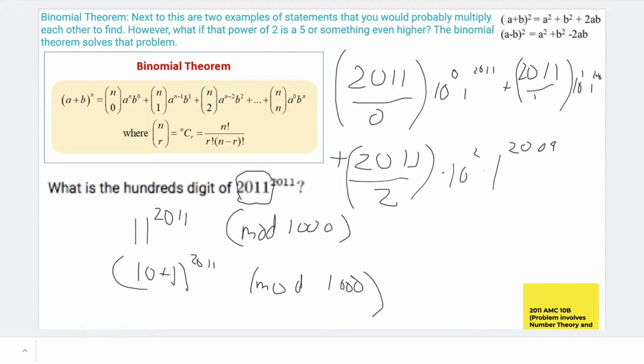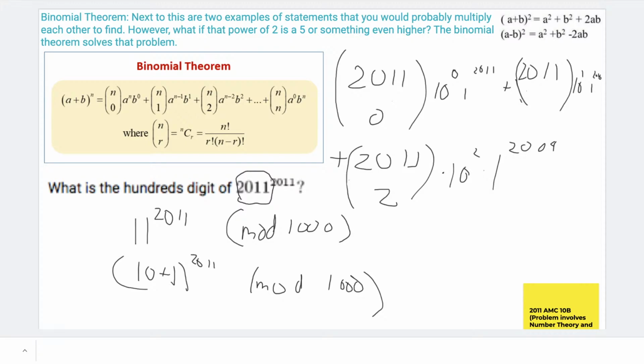Yup, a person in the chat was able to answer. They're perfectly right. Because in mod 1000, anything that is a multiple of 1000 just cancels out. Oh yeah, I accidentally wrote divided here. So yeah, it just cancels out. That's why we don't go further.